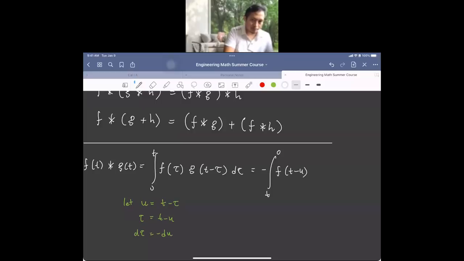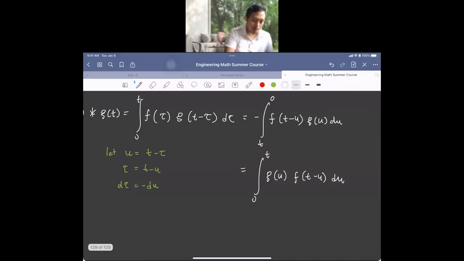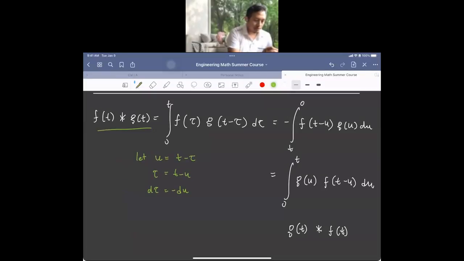And this part will be f(t minus u) and then g(u) du. Simply, we just switch the limits and multiply with negative, and this is precisely the same as our property. Or we can say that this is g(t) convoluted with f(t). So it's the same result when you reverse the order.